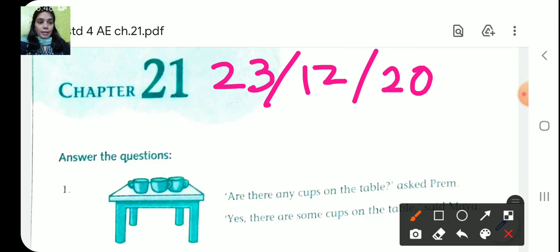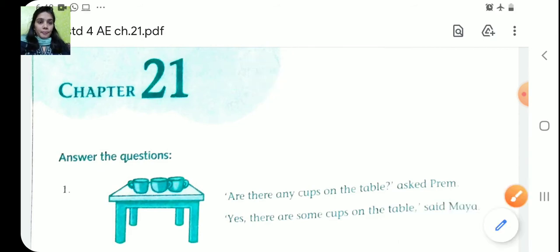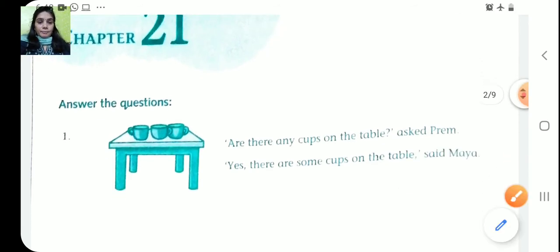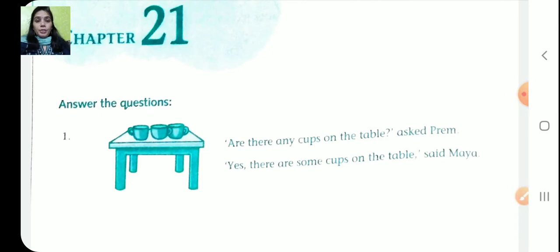So this is your chapter 21. I hope you have all written the date now. Let's proceed to the chapter. Here in chapter 21, you are going to answer the questions. I hope in the previous classes you learned what a countable noun and an uncountable noun are. Noun means the naming words.